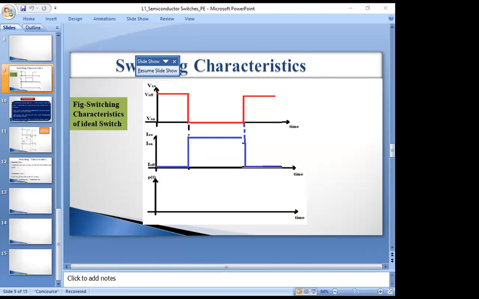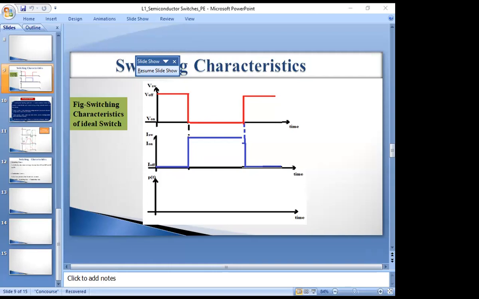This is the switch voltage, red color, and the blue color indicates the switch current. From 0 to this interval, the switch is off. The switch is off means maximum voltage is present and current through the switch is 0.